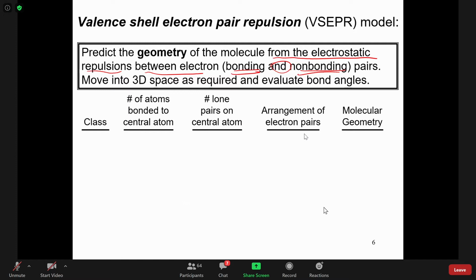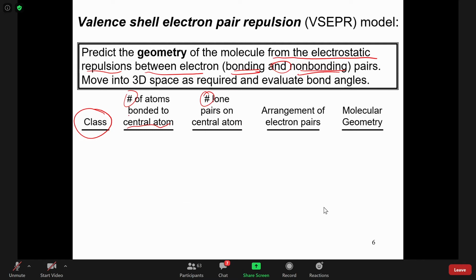We can have a lot of stuff, right? So in order to attack this in an ordered fashion, we're just going to have to go through this in this table-like fashion. And we're going to consider it by something called class. For each class, we're going to consider how many atoms are bonded to the central atom, and also the number of lone pairs on the central atom.